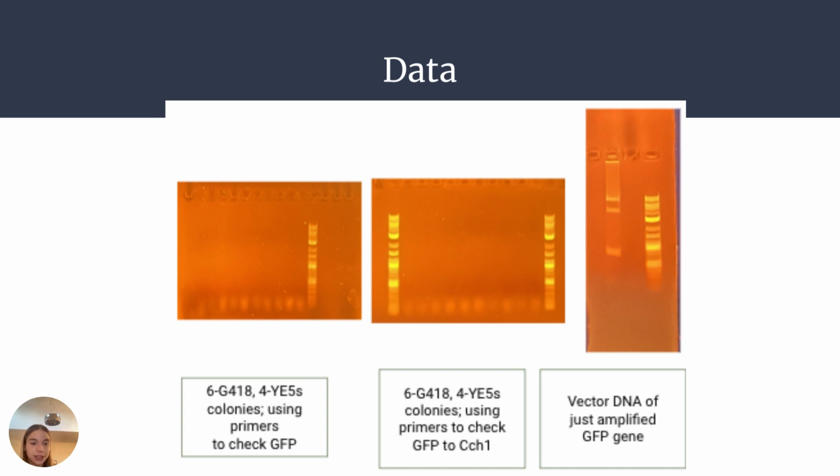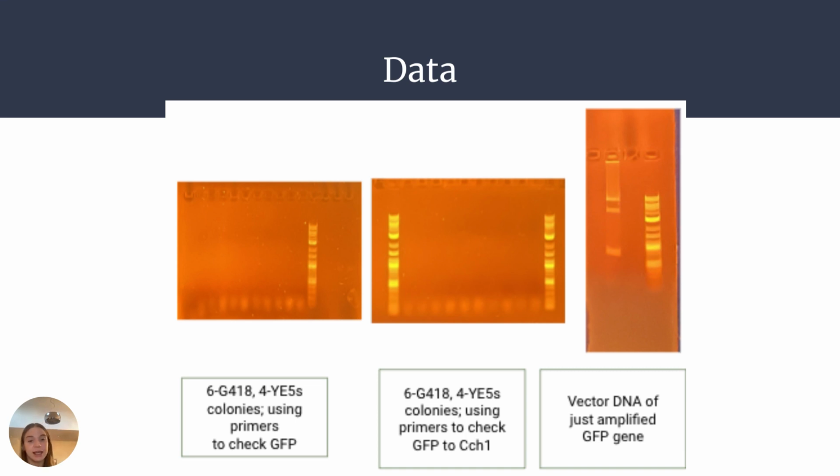Unfortunately, when I went to use the genomic DNA, as well as screened more colonies from the YE5S plates just in case, the gel electrophoresis showed that the DNA was not sufficiently amplified. I checked multiple different primers, as well as screened 20 different colonies in various PCRs, and all the gel electrophoresis results looked the same, with no banding.